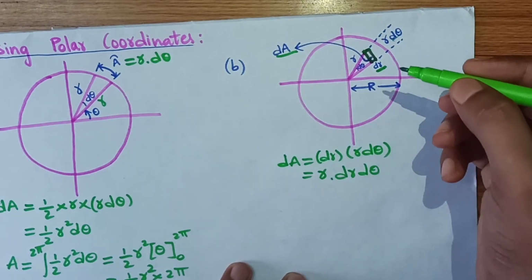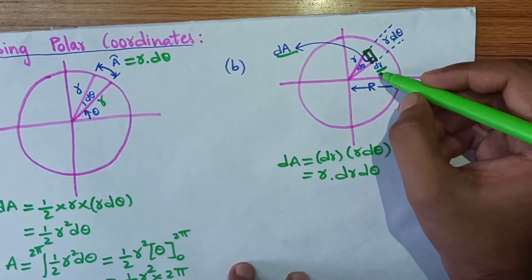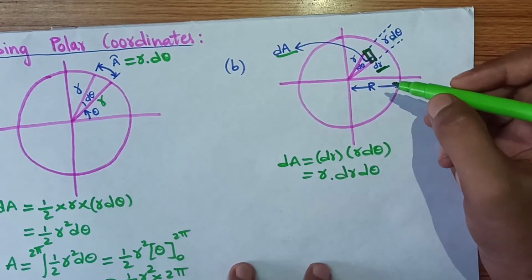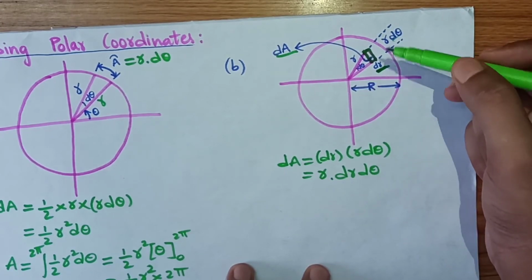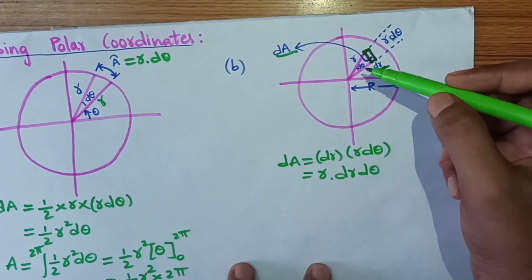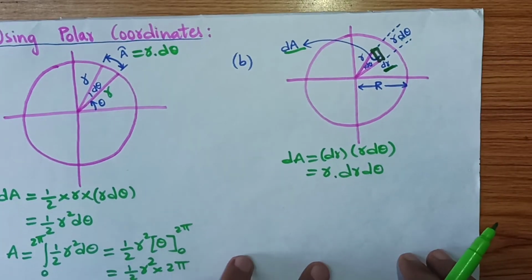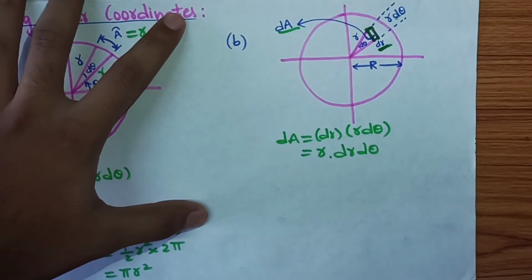So we are making this small thickness, which I have written as dr, defining it from 0 to r. Also the small theta right here, we are defining it from 0 to 2 pi. We may even call them some angular radius or angular distance.